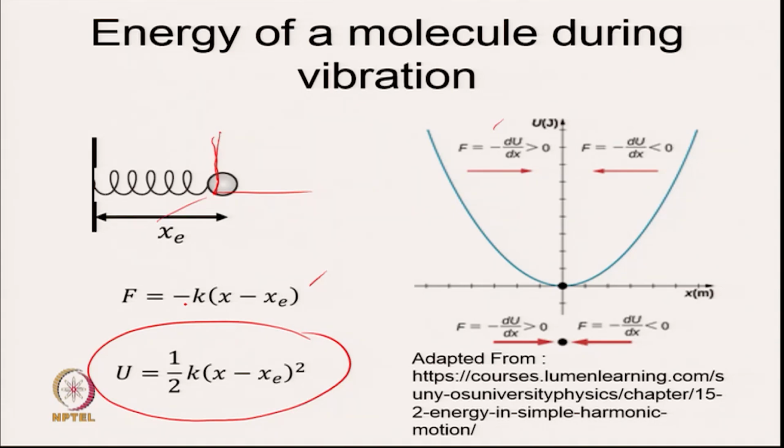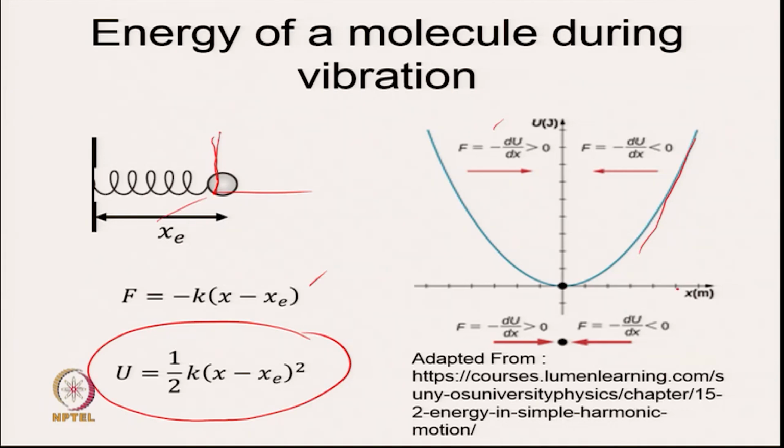So, this is the equation of a parabola. If we plot u versus x, you will get something like this. The slope of the plot of u versus x will give you f, because f is equal to minus du by dx. So, slope with a negative sign will be equal to force. Now see this: in this direction your slope is positive.